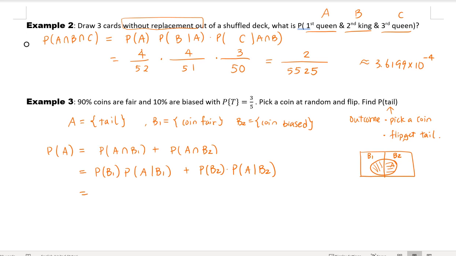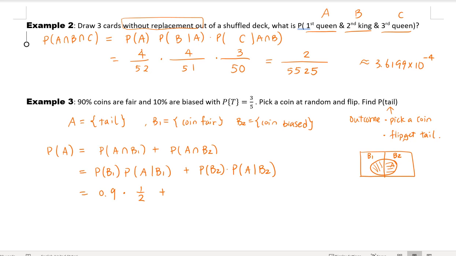What is P of B1? What is the probability of getting a fair coin? 90% of the coins are fair, so this is 0.9. What is the probability of getting tail if we have a fair coin? Well, fair coin, we get 1/2, right?